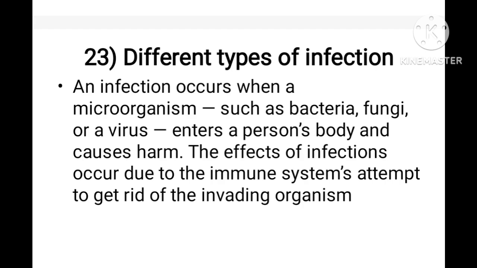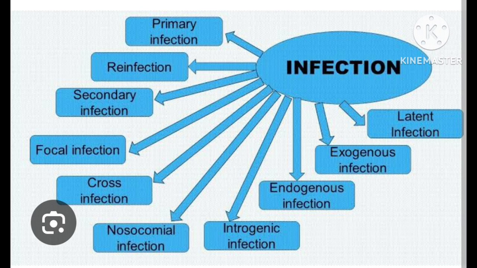Question number 23, different types of infection. An infection occurs when a microorganism such as bacteria, fungi, or virus enters a person's body and causes harm. The effects of infection occur due to the immune system's attempt to get rid of the invading organisms.